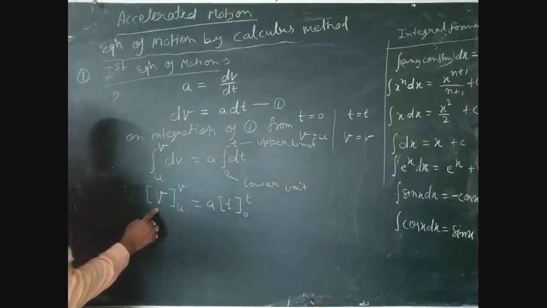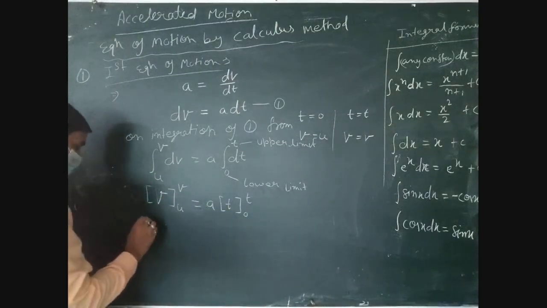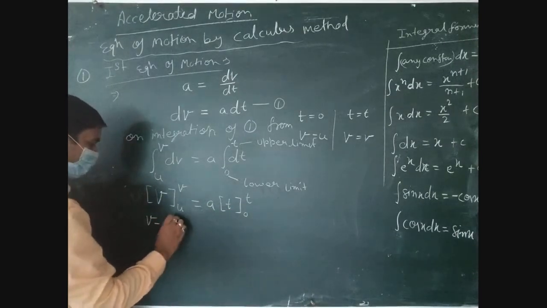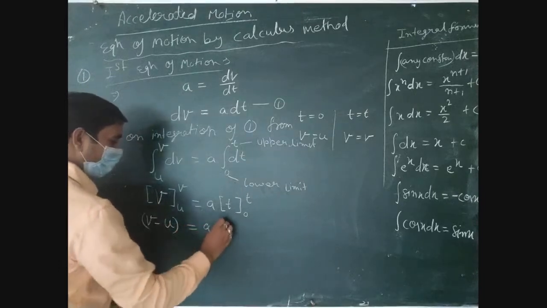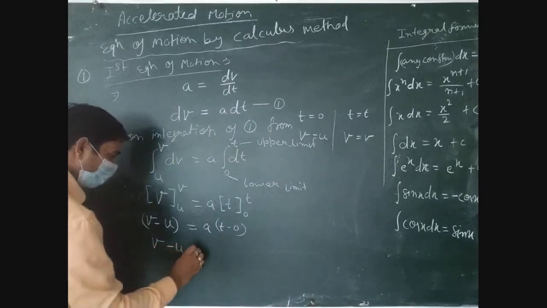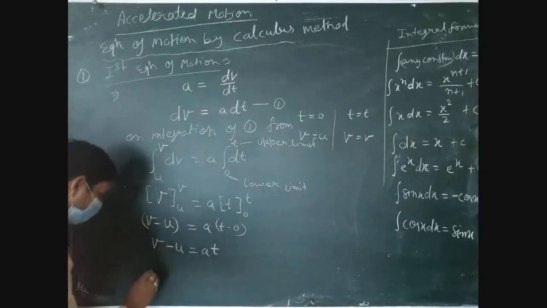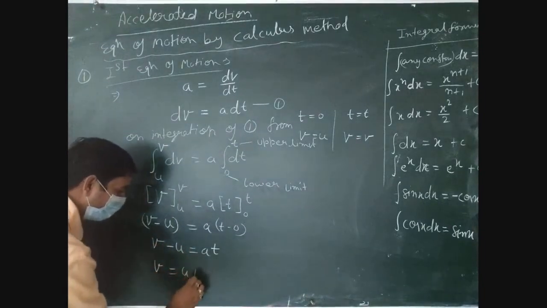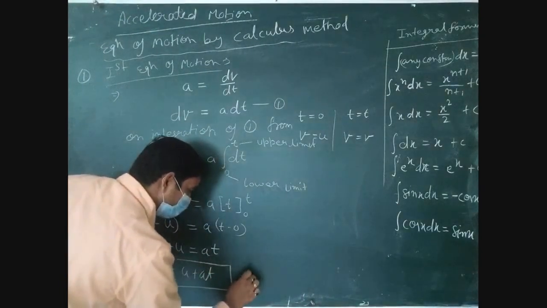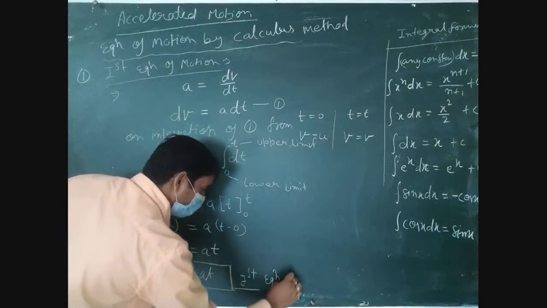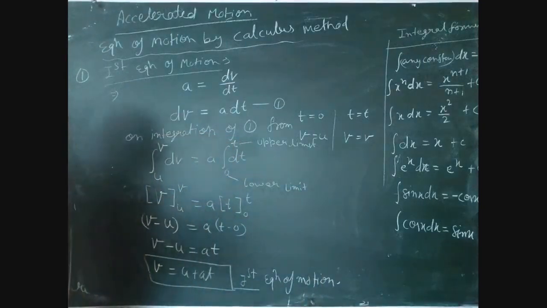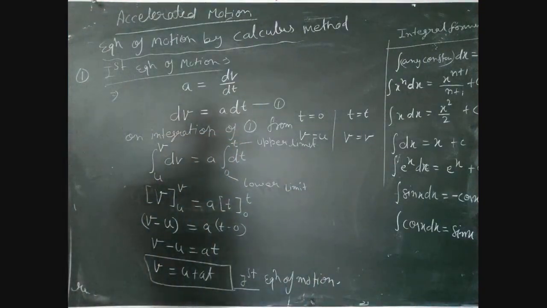When we put in the limits, the upper limit is used first and then the lower limit. We get v minus u is equal to a into t. Therefore, v is equal to u plus at. This is your first equation of motion, which is known as the velocity time relation. Just note it.